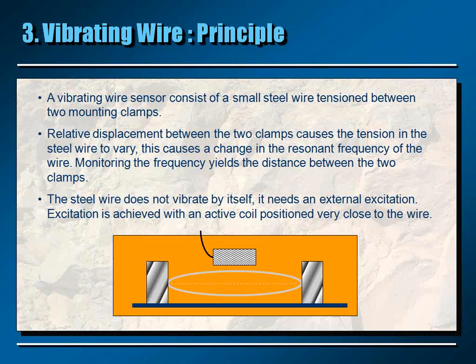For measuring this frequency, it is necessary to install a coil very close to the wire. And this coil, either one or two coils, will be installed, and they will excite the wire. They will make it vibrate, and also these coils will be used for reading the frequency of vibration of this wire. So that's the basic principle.